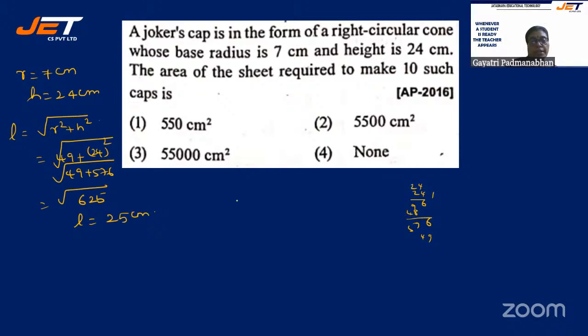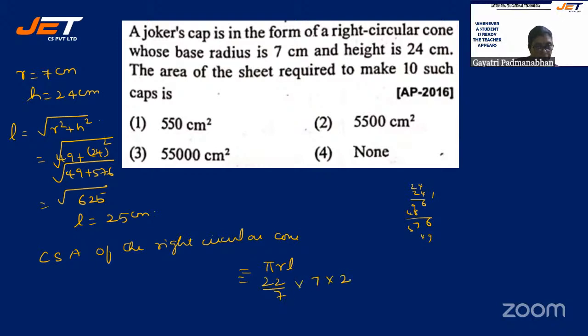Now what is it they're asking? The area of the sheet required to make, which is nothing but the curved surface area of the right circular cone, which is nothing but pi r l. Pi value 22 by 7, r radius is 7, l is 25.